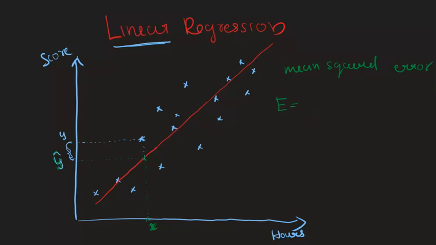The error in this case is y minus y cap. We are going to square it to remove the negative sign, as well as so that the penalty for increasing error is squared. And we're going to take the summation for each of this data.